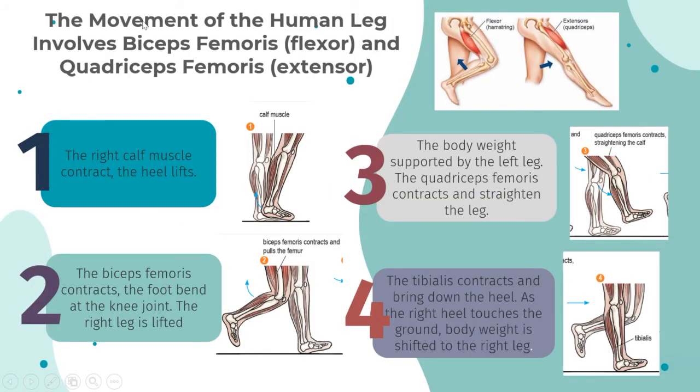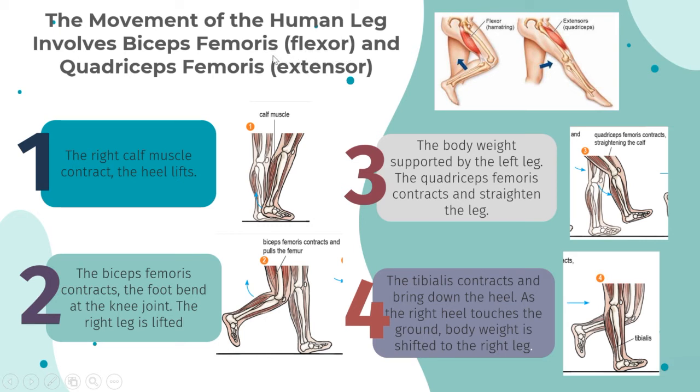The movement of the human leg involves the bicep femoris, which acts as a flexor, and the quadricep femoris, which acts as an extensor.